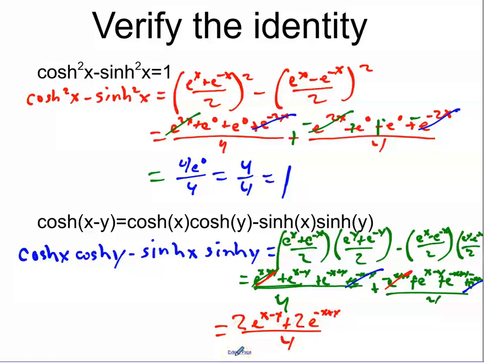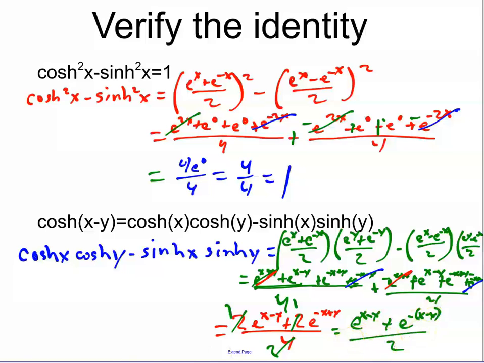And a couple things we can do here. First of all, we can simplify this down. We can take a 2 out of everything. Then the other thing we can do is negative x plus y is the same thing as the negative of x minus y.